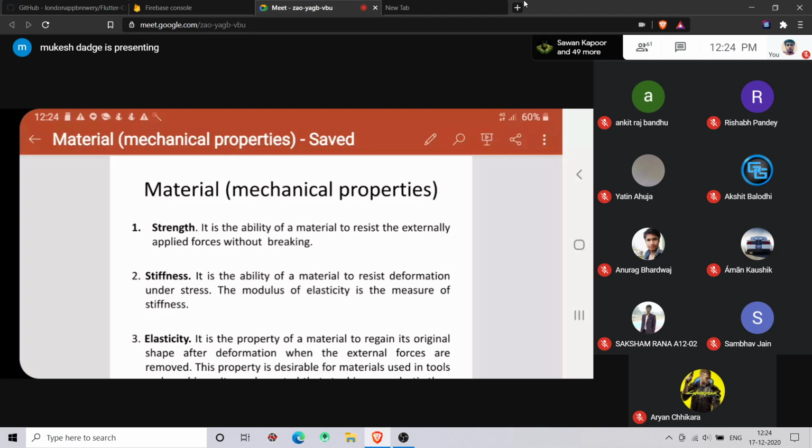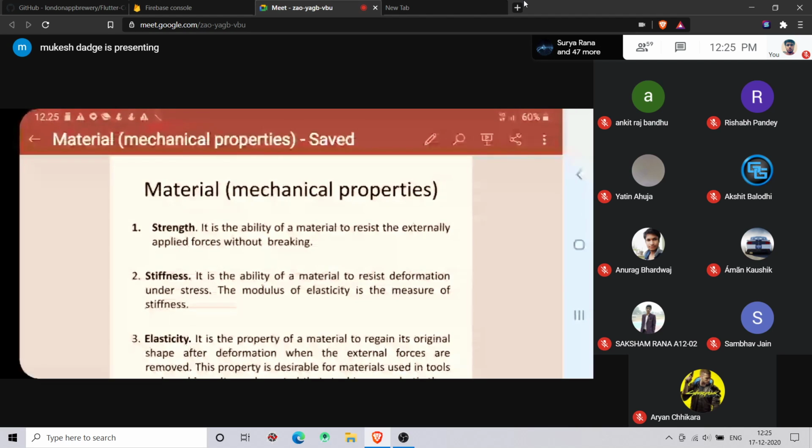Then come electrical properties, conductivity, flux and all these things. And then magnetic properties are there. Physical, electrical, magnetic, and some have semiconductor properties like doping.